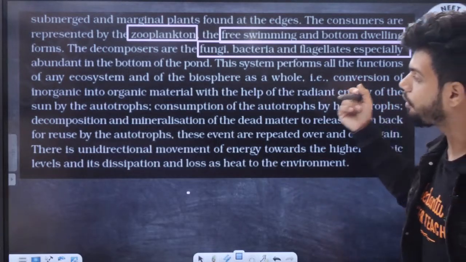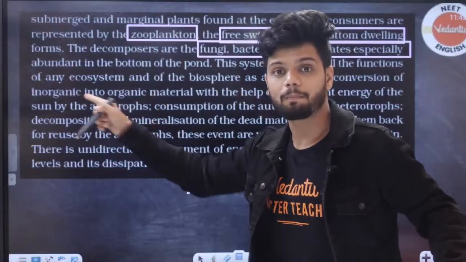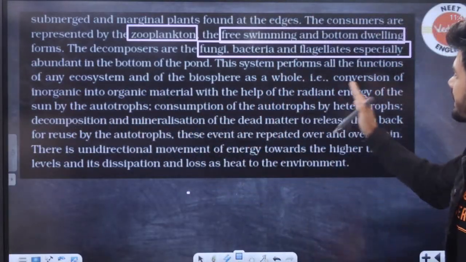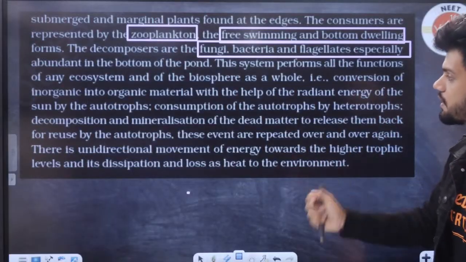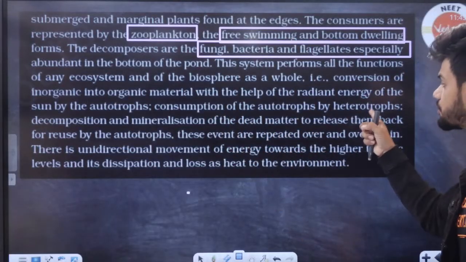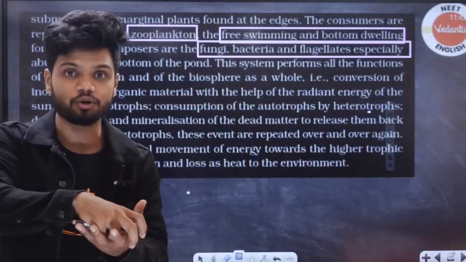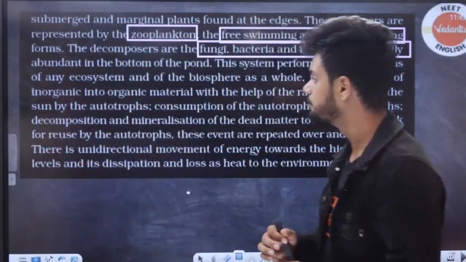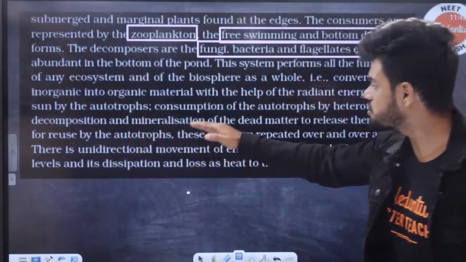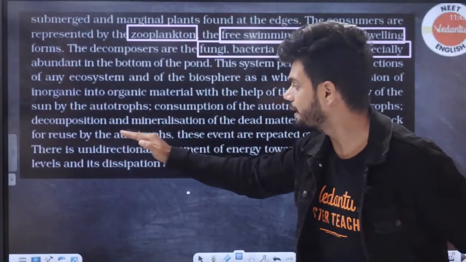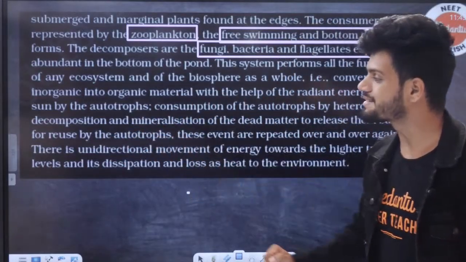The conversion of inorganic to organic, plants are doing that, with the help of radiant energy of the sun by autotrophs; consumption of autotrophs by heterotrophs, the zooplankton eating the phytoplankton; energy flow; decomposition and mineralization of the dead matter and release of nutrients back for reuse by the autotrophs, that is your nutrient cycling.